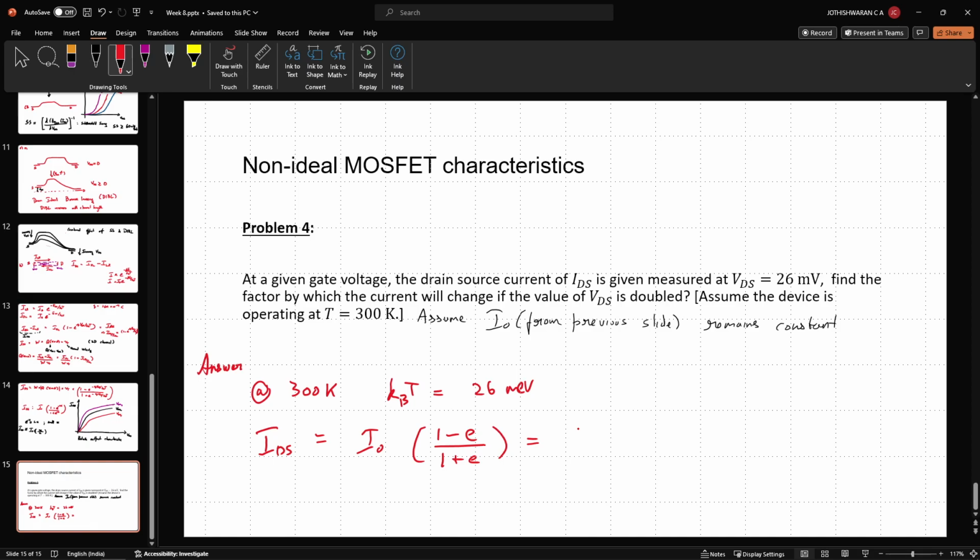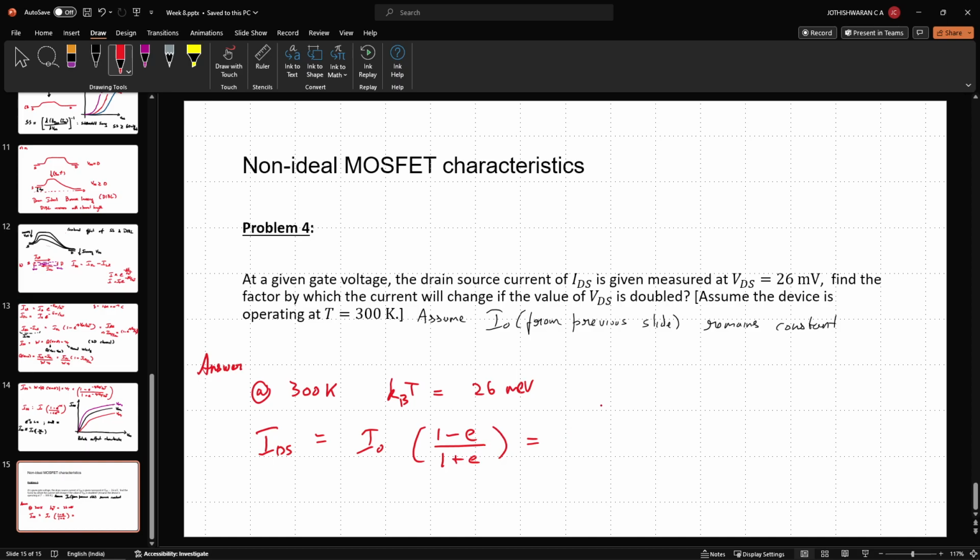It should be 1 minus e. Okay, I made a small mistake, but it doesn't matter. The answer will come out to be negative, but don't worry about it.